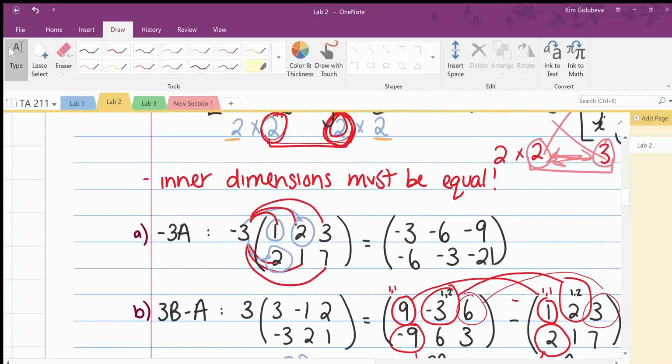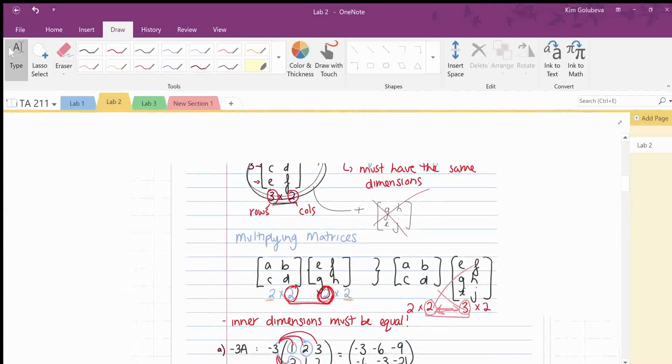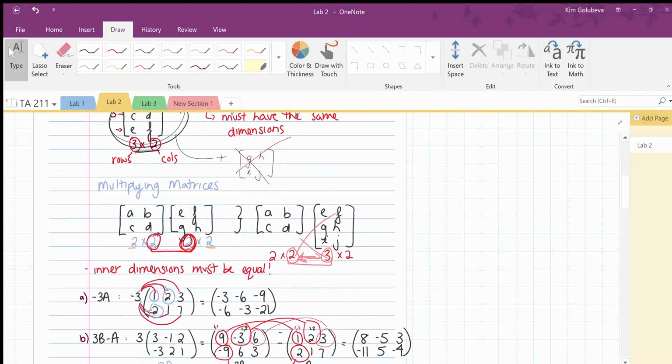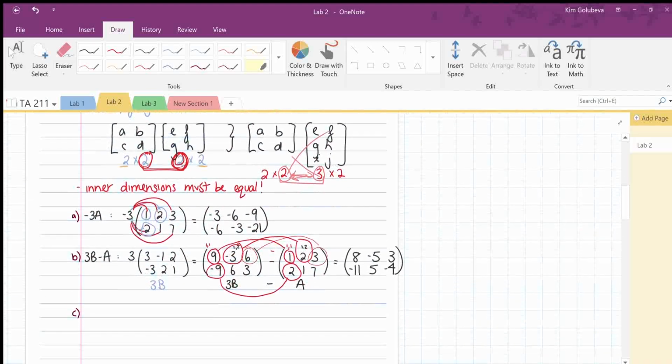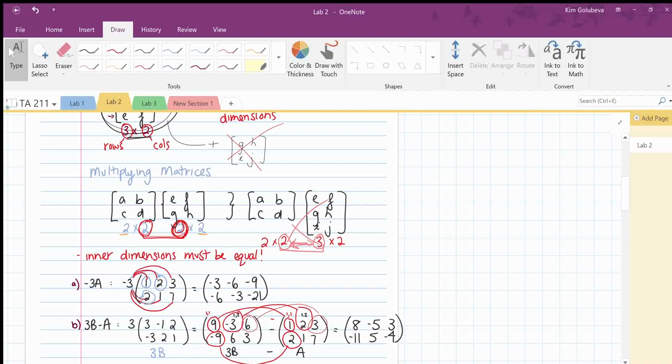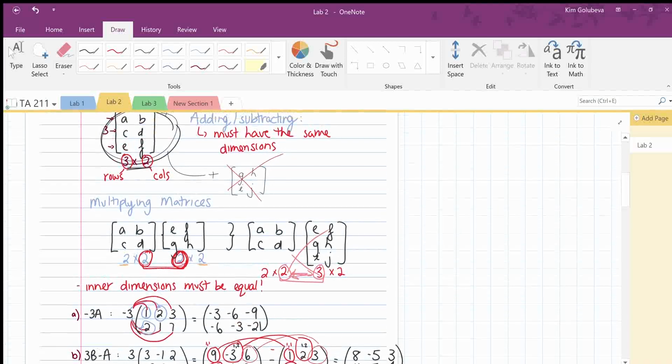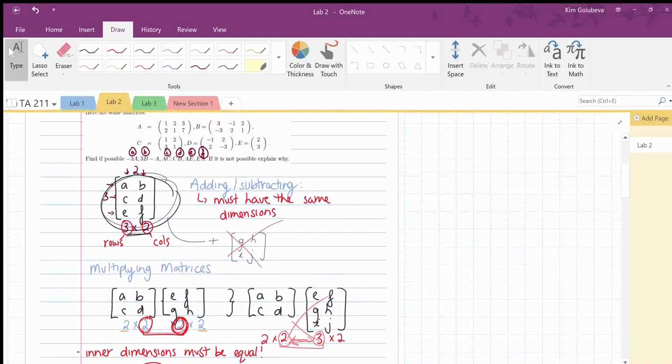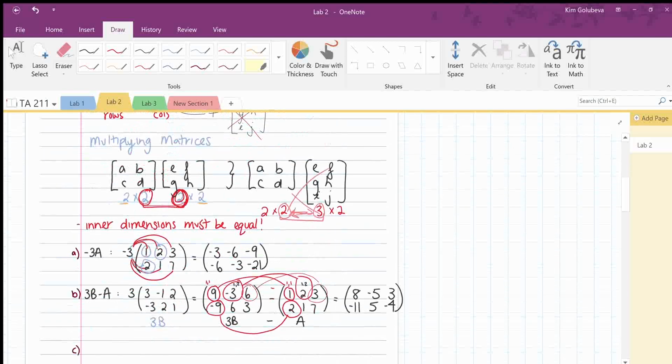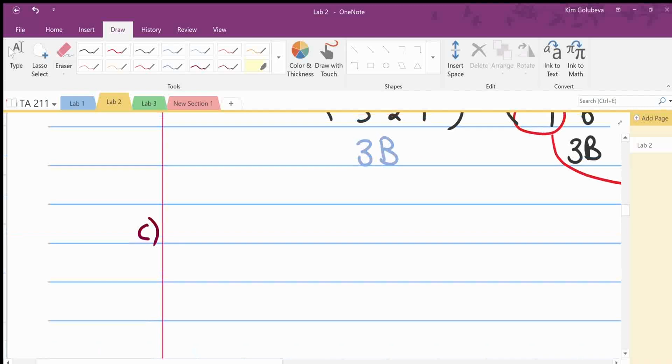So we're being asked to multiply AC together. Okay, so first thing that we're going to do when we look at multiplication is we're going to check the dimensions, right? So we'll write out A here: 1, 2, 3, and 2, 1, 7.